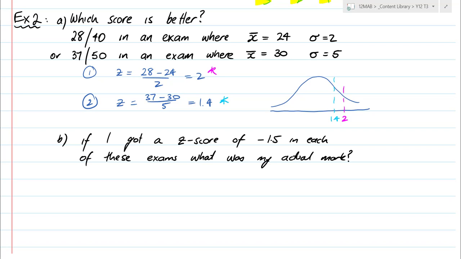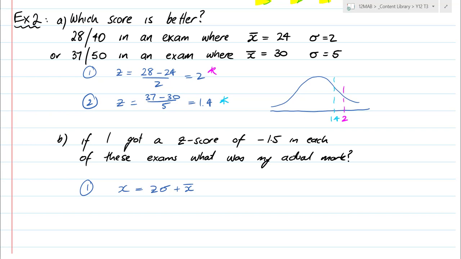Question B. If I got a Z-score of negative 1.5 in each, what would my actual mark be? Remember that for that Z-score, the raw score X is equal to Z sigma plus the mean. That makes sense because Z sigma will tell you what raw score you were above or below, and then you add the mean on to get that position.